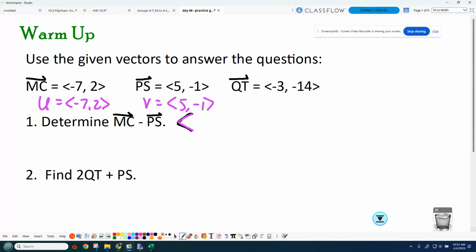Are the things given here coordinates or vectors? They're vectors. They got the little hat on and everything. They are vectors already. So this one is moving backwards 7 up 2. This vector is positive 5, negative 1.